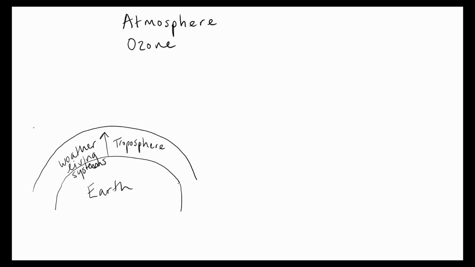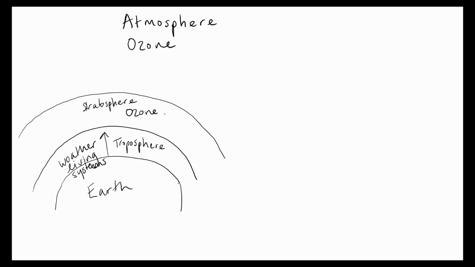And then the next layer above the troposphere is the stratosphere. And this doesn't have so much to do with the living systems directly, but it's really, really important because it contains ozone.